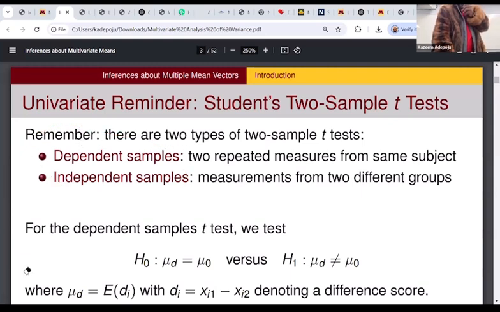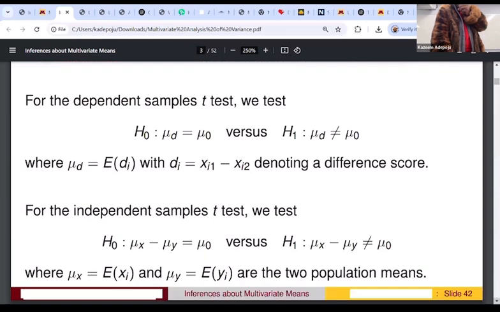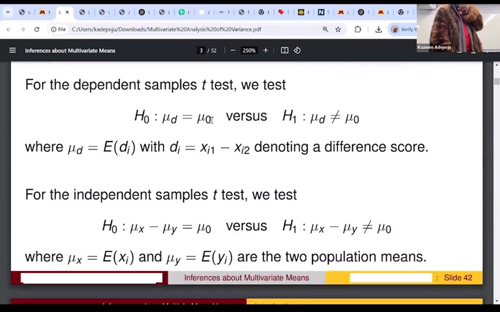As a reminder, for the dependent sample, we normally test these two hypotheses. The mean of the difference is hypothesized to be mu naught, against the mean of the difference not equal to mu naught.